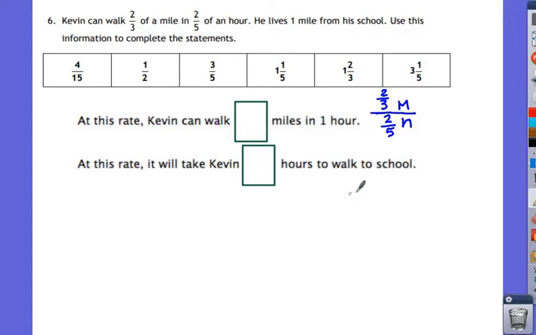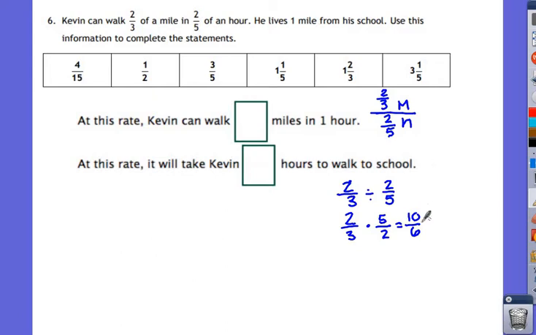And come down here for more work space. So I have 2/3 divided by 2/5. Well, we don't divide fractions. We keep, change to multiplication, take the reciprocal. 2 times 5 gives me 10. 3 times 2 gives me 6.